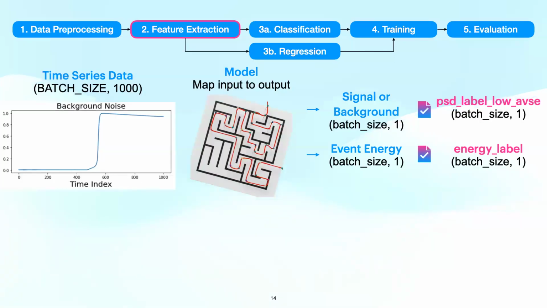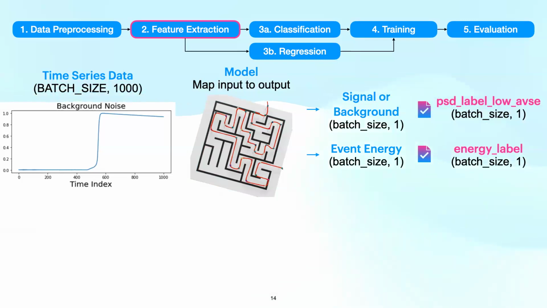Okay. So after the data pre-processing, we will start talking about how we can build our model. But what kind of model do we want to build? We have our input time series data waveform from Majorana, which is an array of size batch size by 1,000. And my model should be mapping this into some kind of output, right?